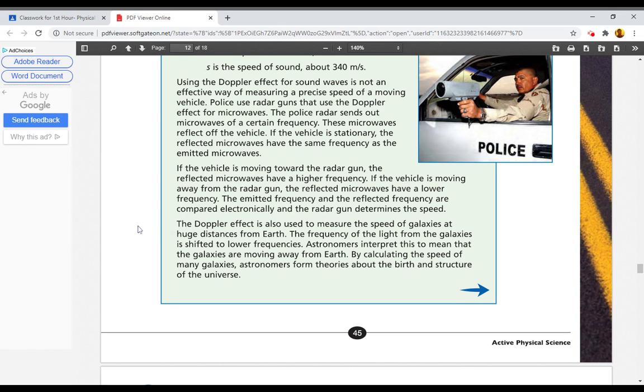The Doppler effect is also used to measure the speed of galaxies at huge distances from Earth. The frequency of the light from the galaxies is shifted to lower frequencies. Astronomers interpret this to mean the galaxies are moving away from Earth. By calculating the speed of many galaxies, astronomers form theories about the birth and structure of the universe.